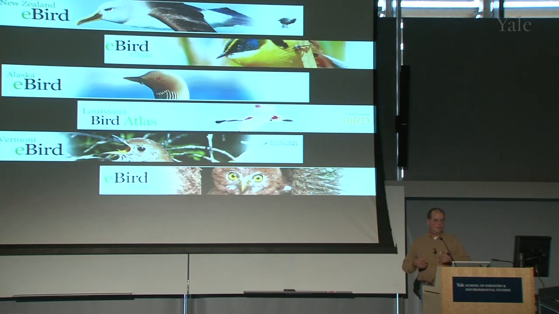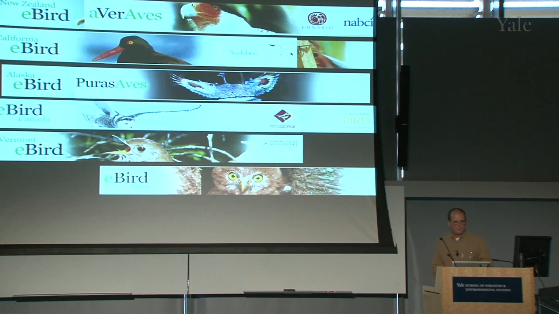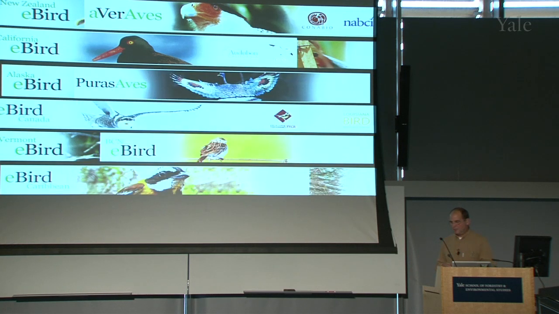eBird is based on a series of about 30 global partners who coordinate activities in their states or countries, who've translated the eBird application into Spanish, French, and Portuguese, and work with us to develop techniques and functionality for the site.